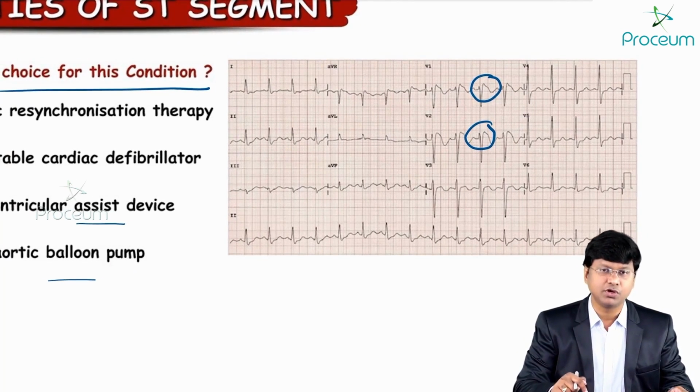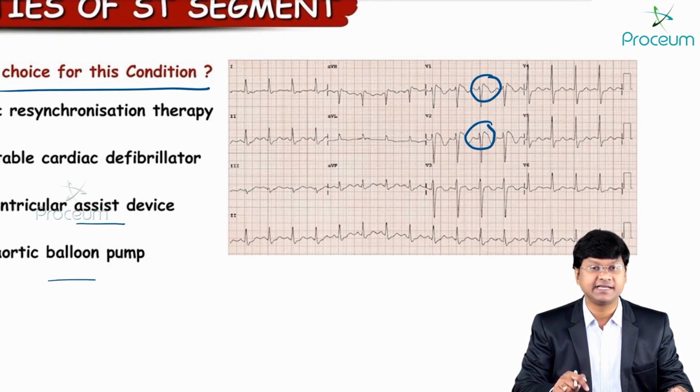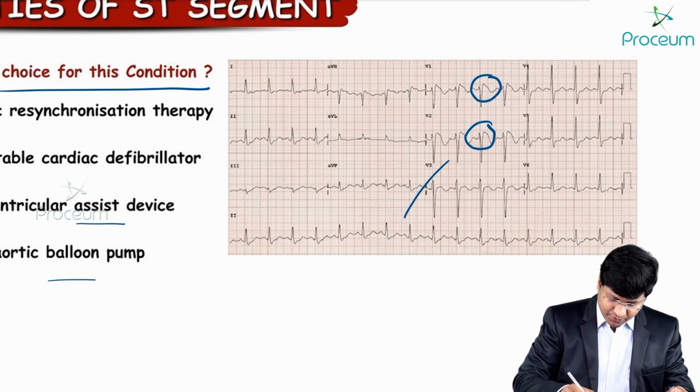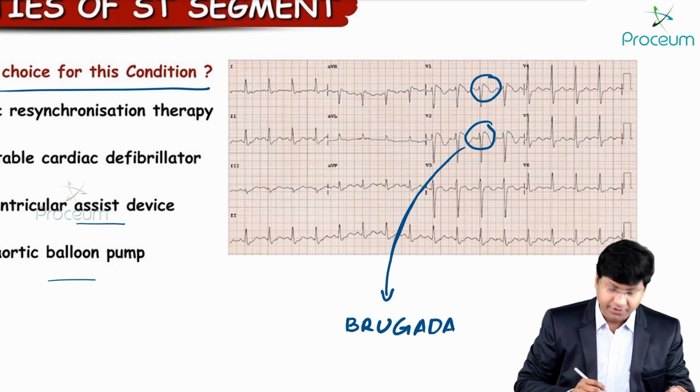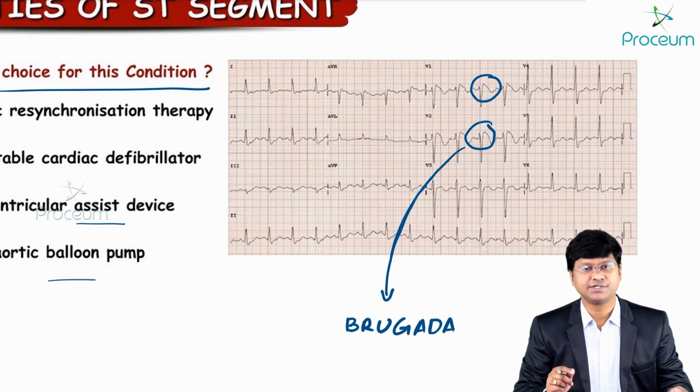Now, the presence of the coved ST segment elevation in lead V1 and V2, that is what is suggestive of Brugada syndrome. Okay. Now this particular Brugada syndrome, it is a sodium channel defect.